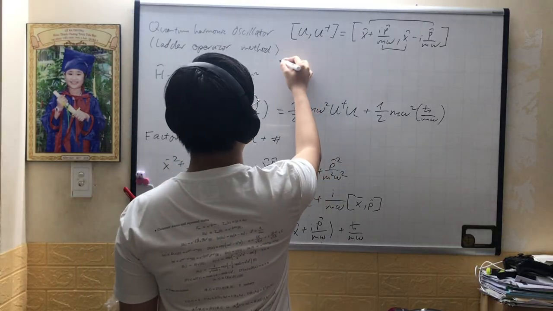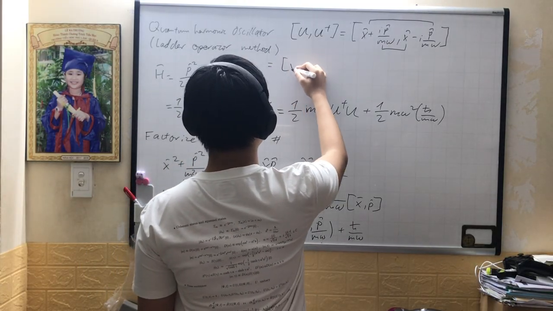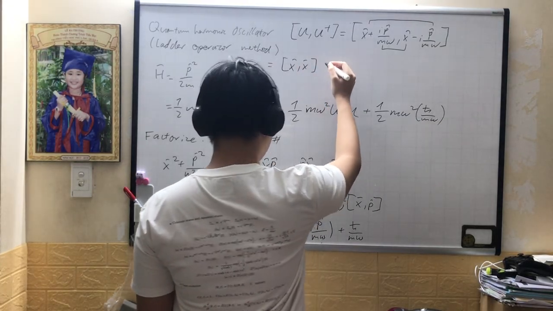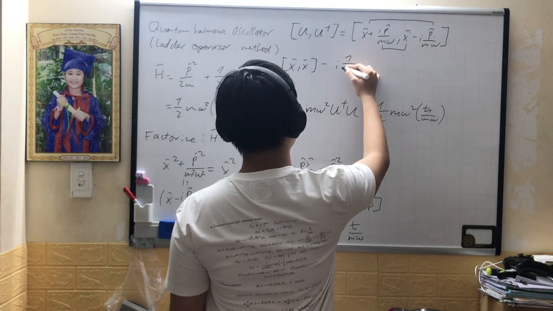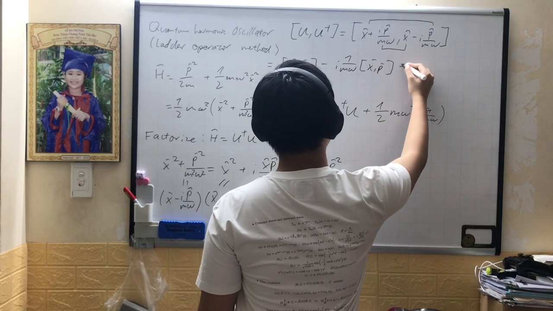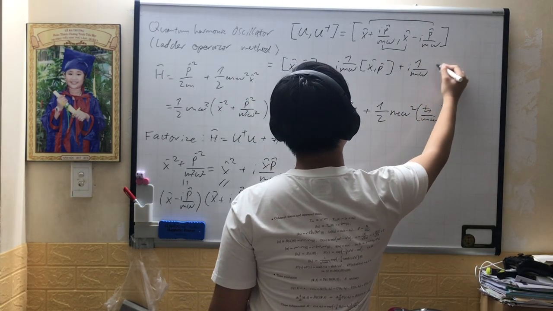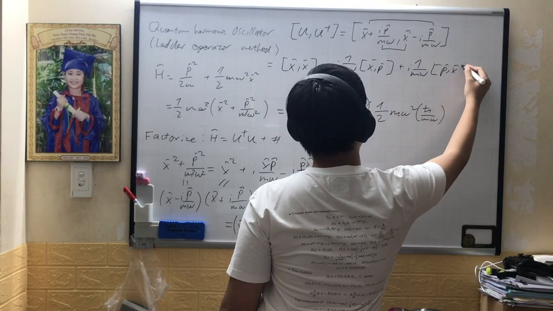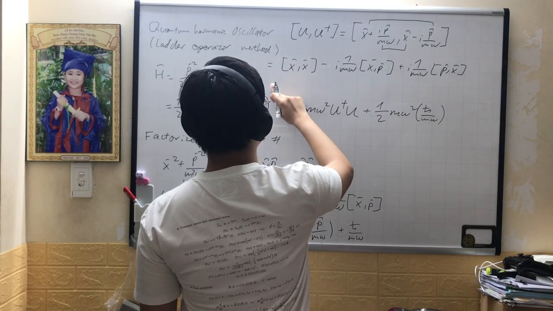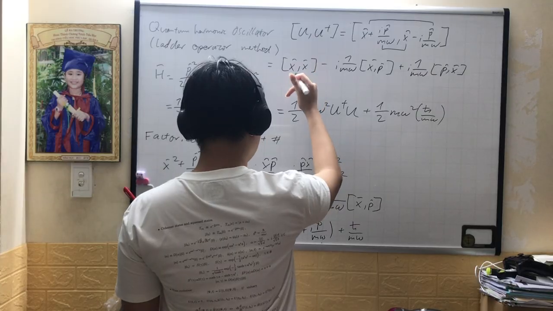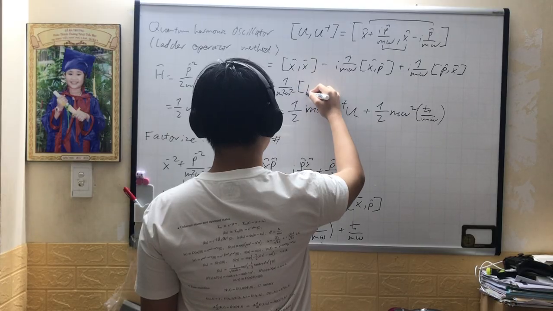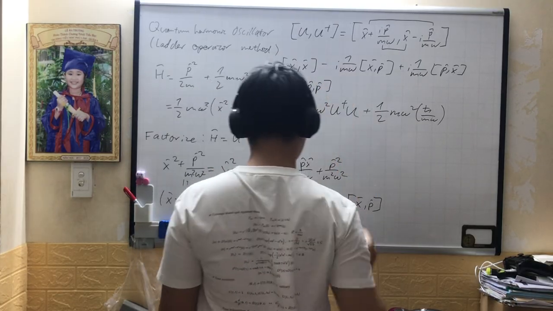So when you expand this, using linearity, it would be x, p, this is px, and our last one is, no, it's a plus, of p and p.